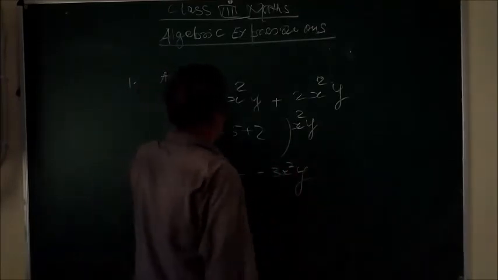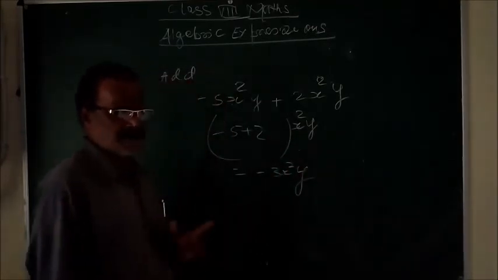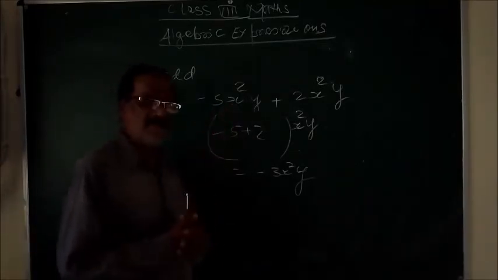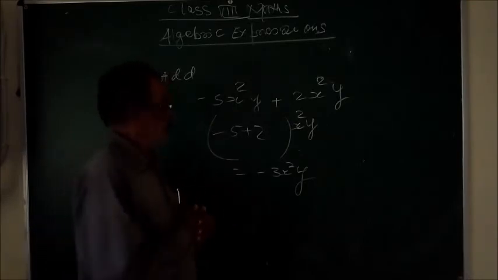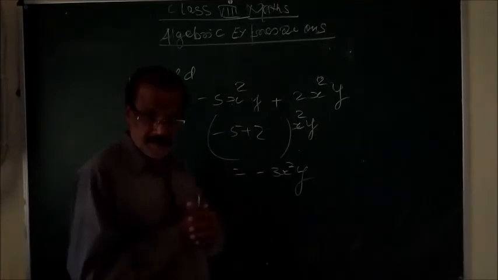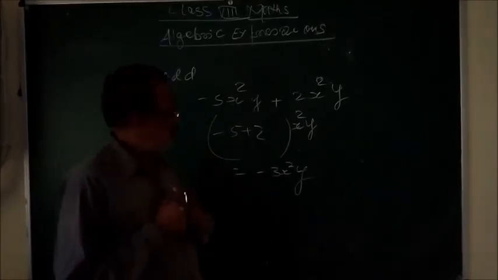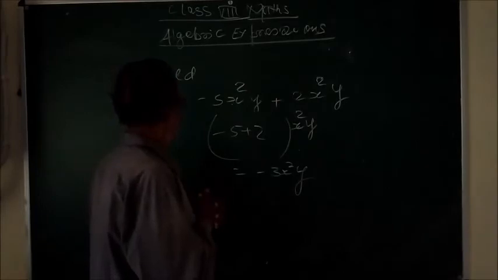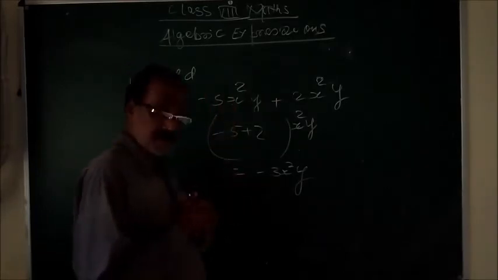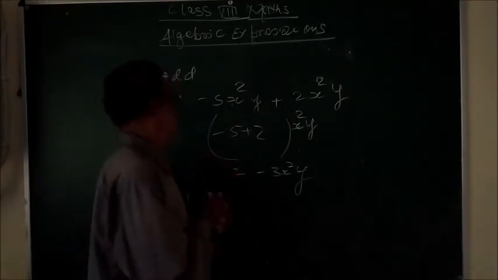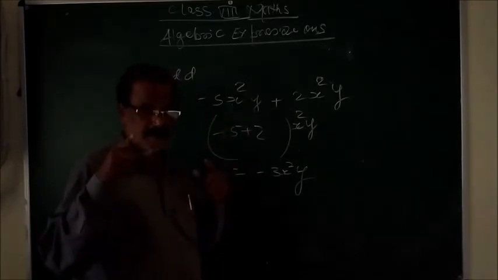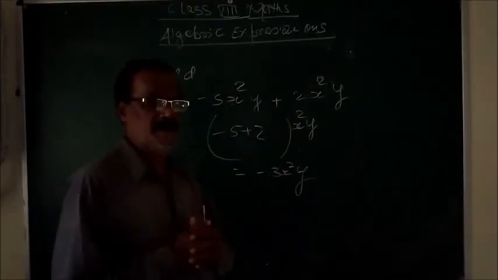And similarly, subtraction will be the same, only a difference in the operation. This is the sum and that will be the difference. But the method is you collect the algebraic terms having like terms, and then put together the sum or difference of the constant terms, or numerical coefficients you can say.